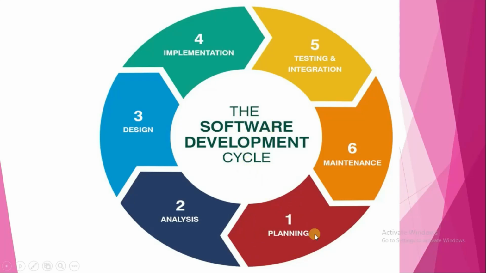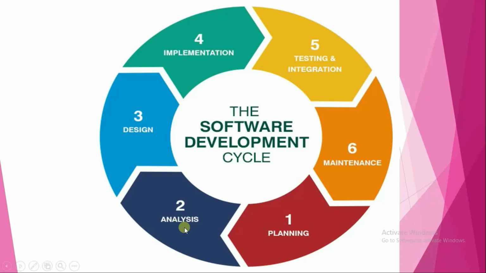So what is the first phase here? Planning. Before we get the requirement from the client, we must plan according to the project. The business intelligence knows the things about the project, its vision and mission. After this phase it comes to analysis.